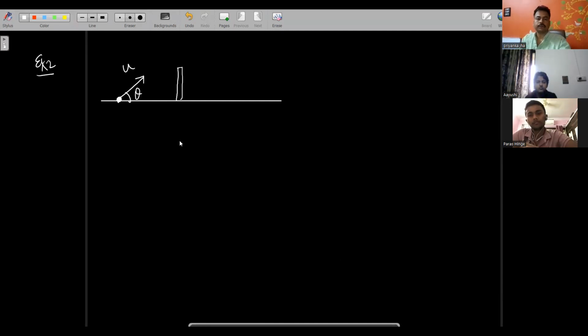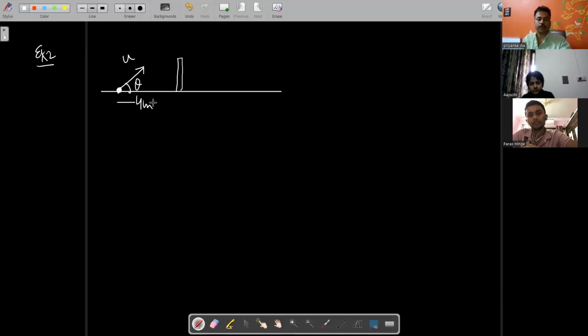It is 4 meters from the point where you throw the ball, and the height of the wall is also 4 meters. This ball will just graze the wall. It means that it will just touch the top of the wall, and it will follow the path and fall on the ground. And this ball falls 14 meters ahead of the wall, right?